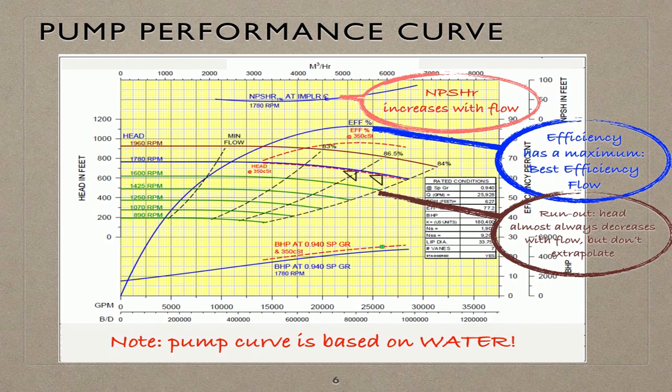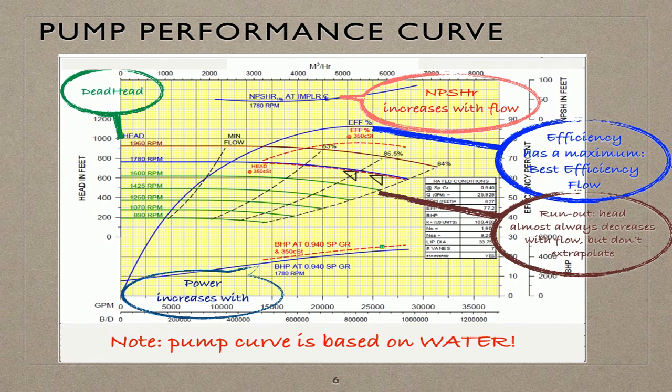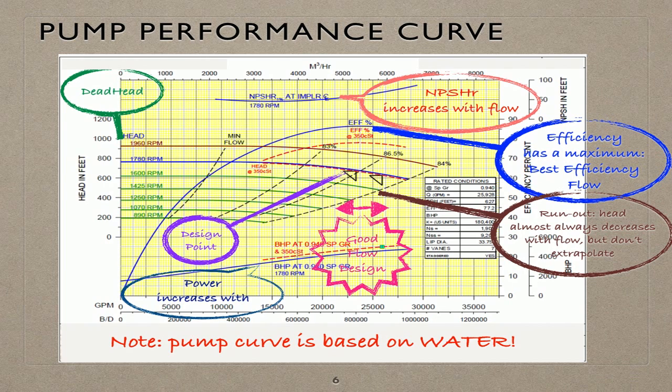As we can see from the diagram, power almost always increases with flow. Here is the deadhead or shut-off pressure, which is where the head curve crosses the head axis at zero flow rate. As we can see, we almost always select the design point near the best efficiency point.